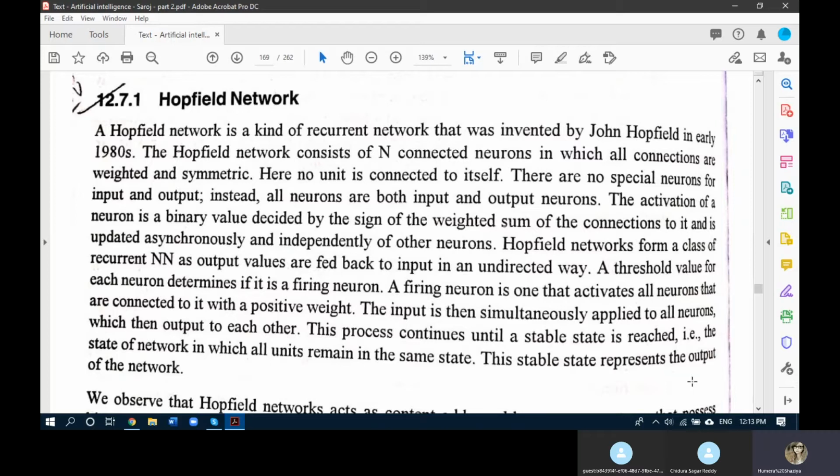All the nodes are connected, and they all are weighted and symmetric. Weighted means there is a weight associated with the link between two nodes, and symmetric means the link is bidirectional. The weight is from node 1 to 2 and 2 to 1 as well.